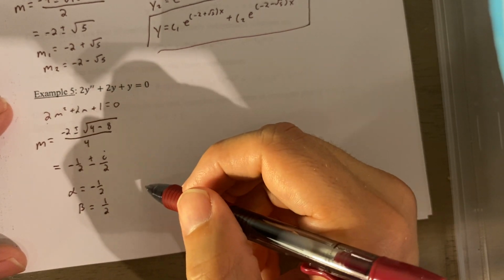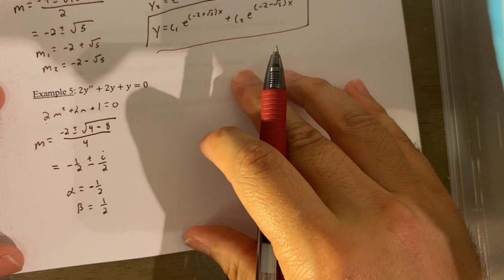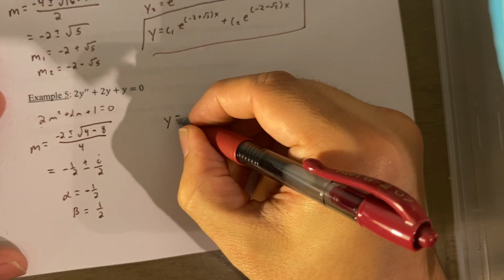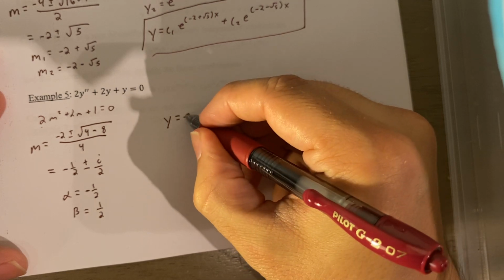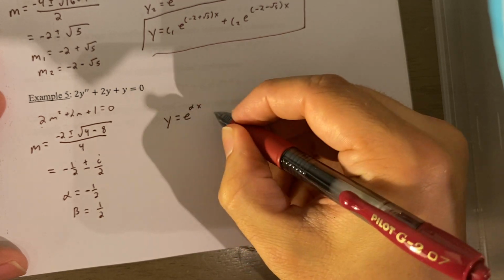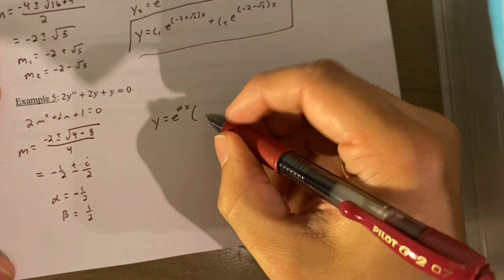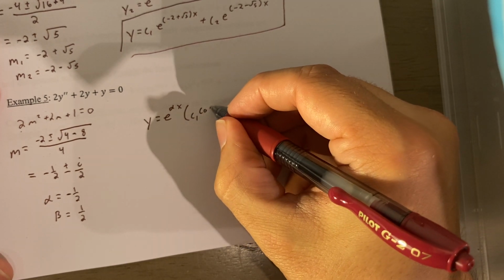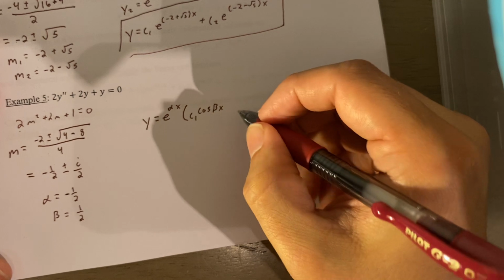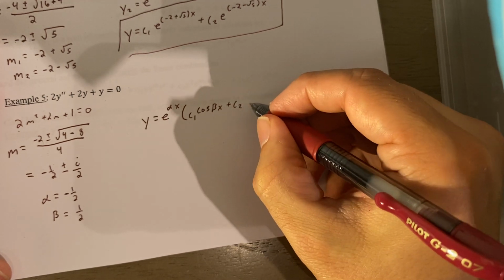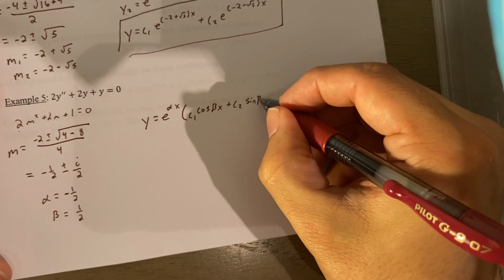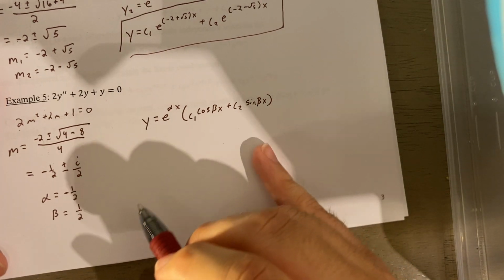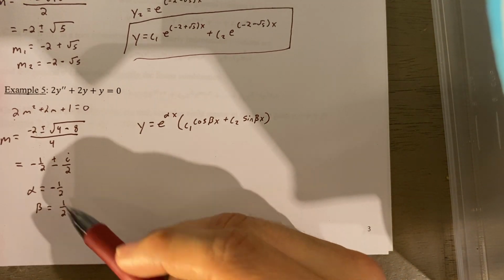All right. Now, I know that the form that it needs to be in is y equals e to the alpha x times c sub 1 cosine beta x plus c sub 2 sine of beta x. So now that I know that, I'm going to be able to substitute in my alpha and my beta.